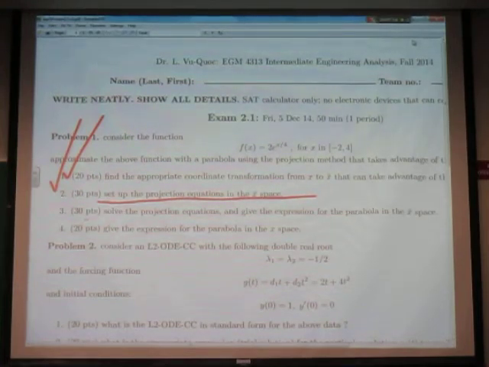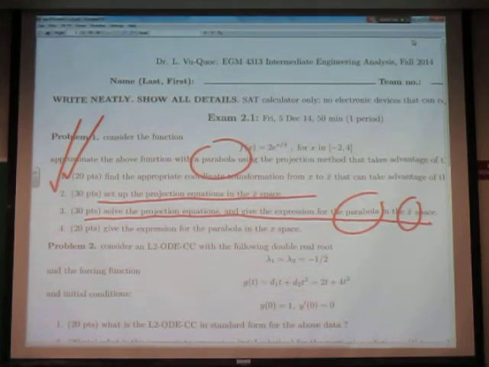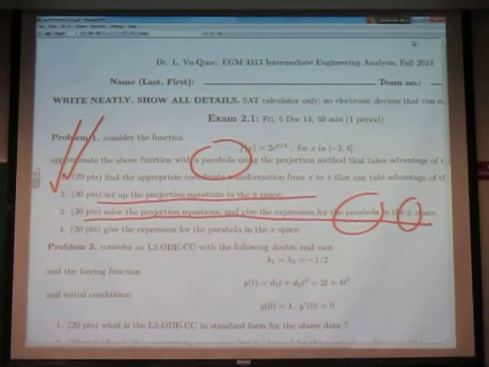And then the next is to solve the projection equation and give the expression for the parabola in x bar space. I have already explained what it means by parabola in meeting 36, I think, or 42. That's why you have the polynomial of order 2, which is basically the equation of a parabola.